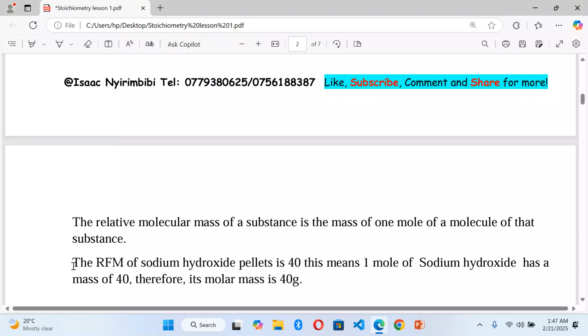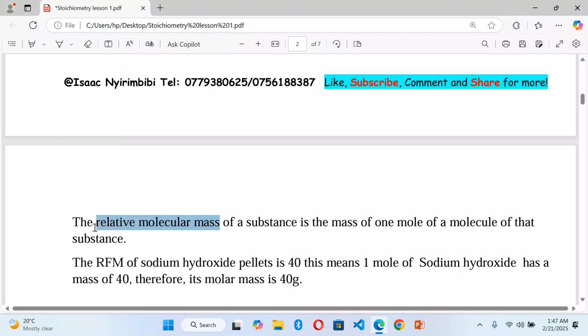Now we may get confused between the relative formula mass and relative molecular mass. We use relative molecular mass for substances which are mostly covalent, having only non-metals.